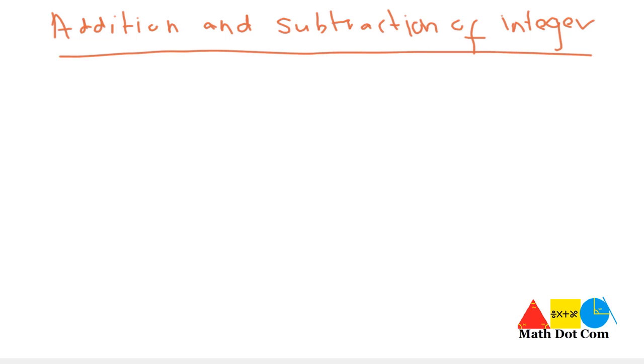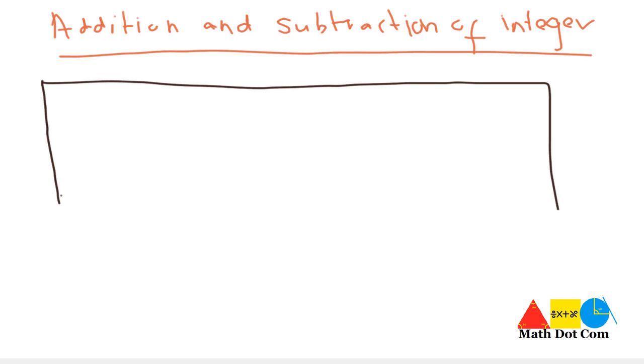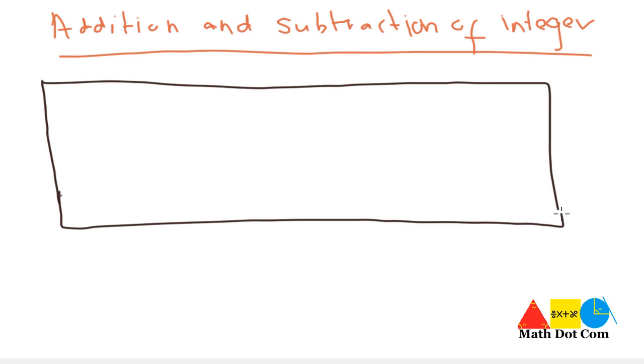Let's draw a table of signs in a way so that you can easily understand.